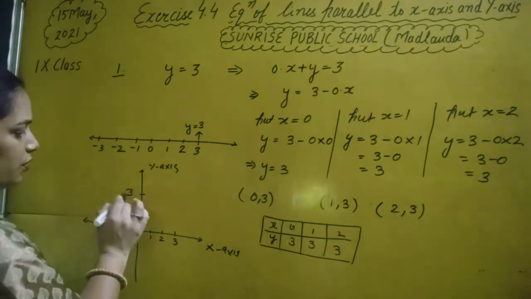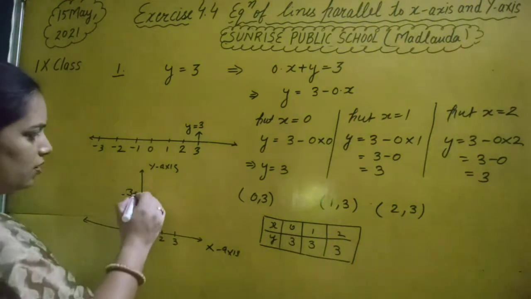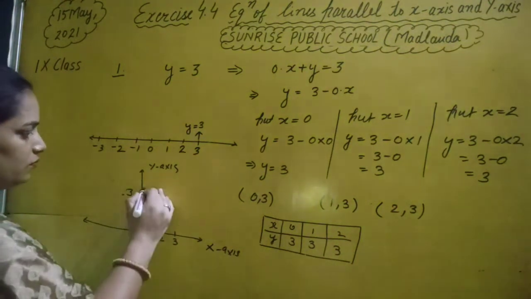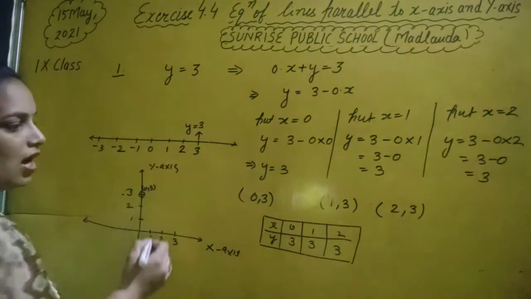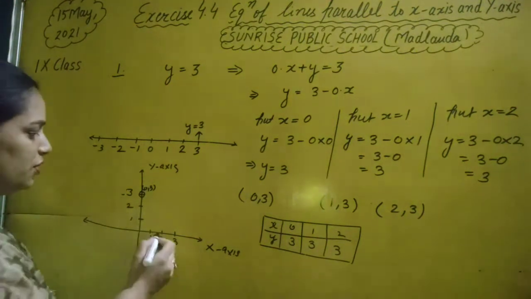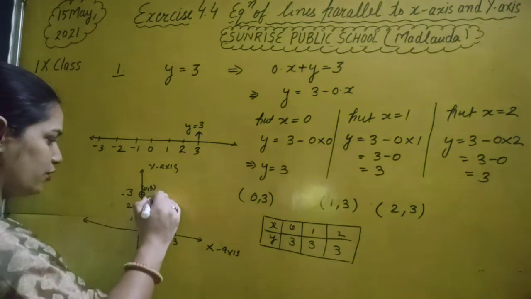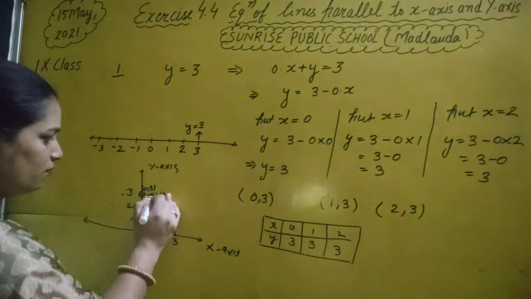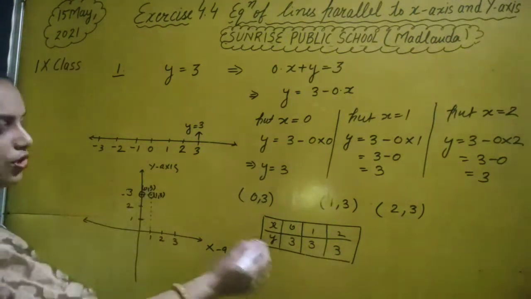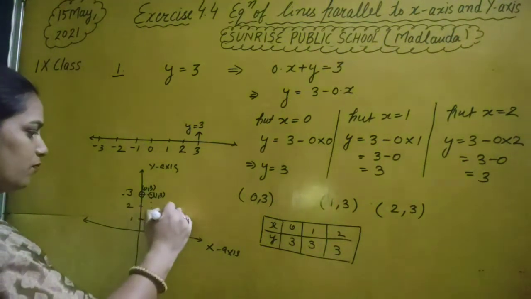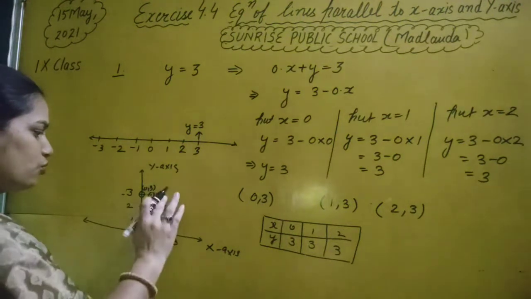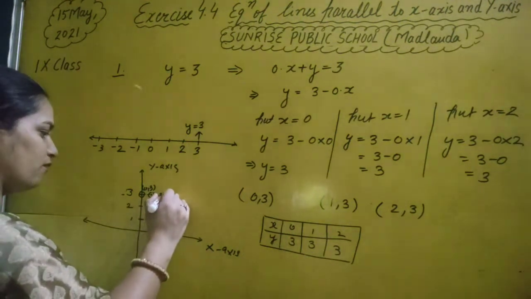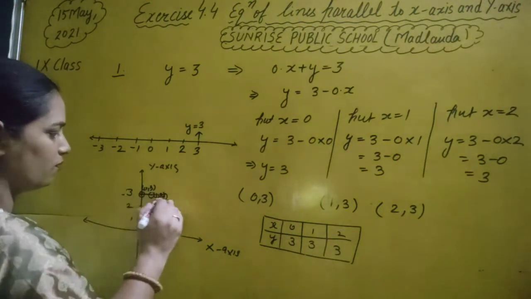Our first solution, that is (0, 3), will be here. Our next solution is x is 1, y is 3. It will be in front of 1, that is (1, 3). And the next solution is (2, 3). Means all the points will be in a straight line.